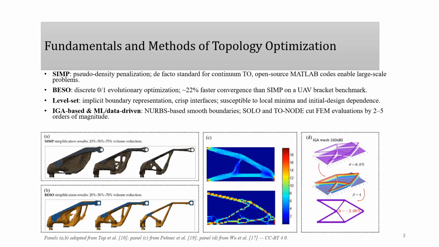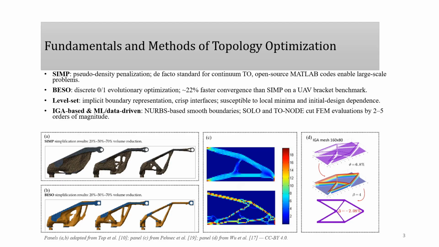Level set methods describe the boundary explicitly, which can produce crisp and smooth interfaces, although they may be sensitive to the initial design. More recently, isogeometric and machine learning based approaches have gained attention.